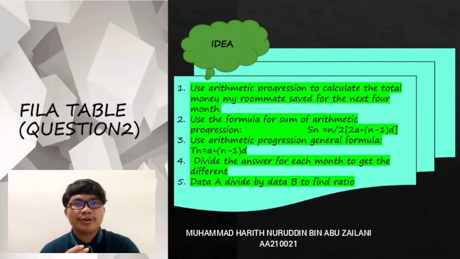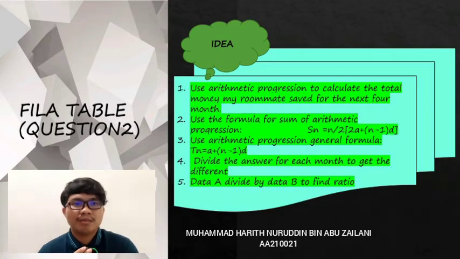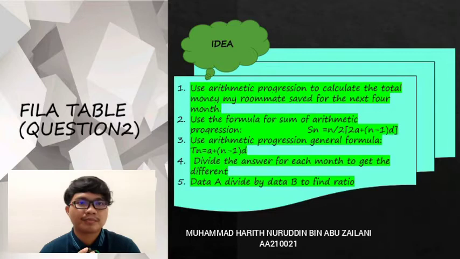Now for the idea, there are 5 ideas that we can get from this question too. The first idea is we can calculate the total money my roommate saves for the next 4 months by using arithmetic progression. We can use the formula for the sum of arithmetic progression, which is Sn equals n over 2 in brackets 2a plus in brackets n minus 1 times d.